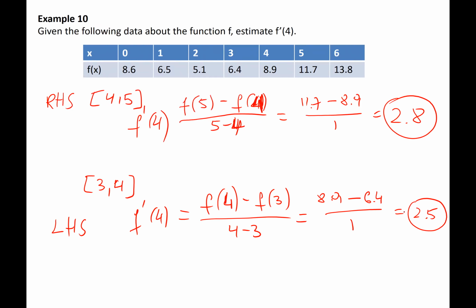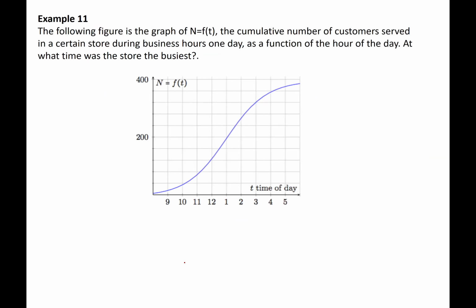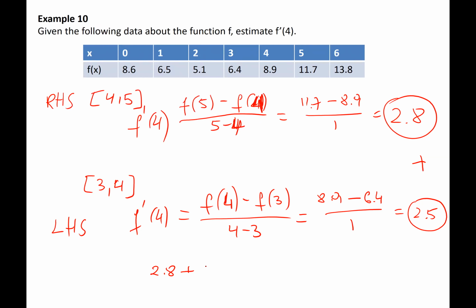And what we can do is add them together and divide by 2, if we would like to have the average. 2.8 plus 2.5 is 5.3, divided by 2 is 2.65.